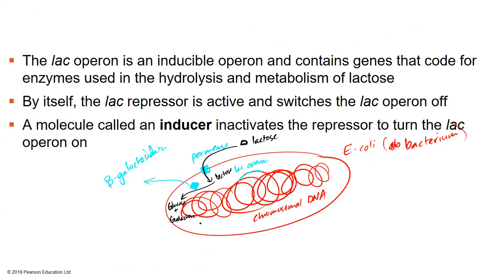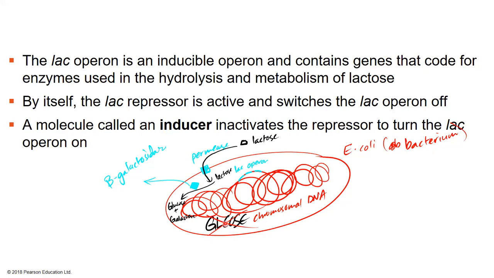Because you have to understand, bacteria, just like many human cells, prefer to produce energy from glucose first. If there is no glucose and there is lactose, they will utilize lactose to produce energy or to synthesize other organic molecules.